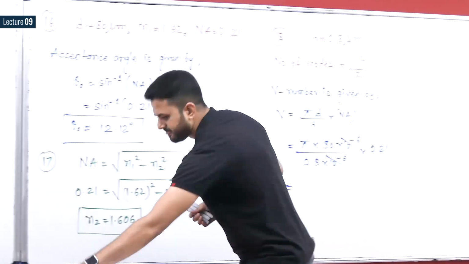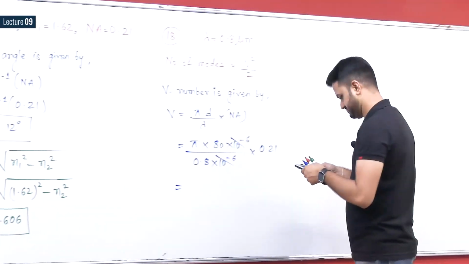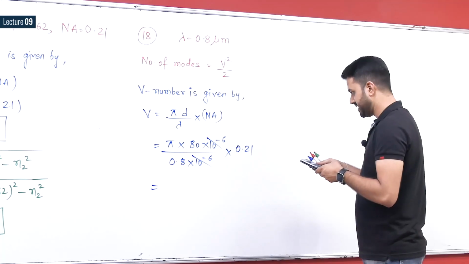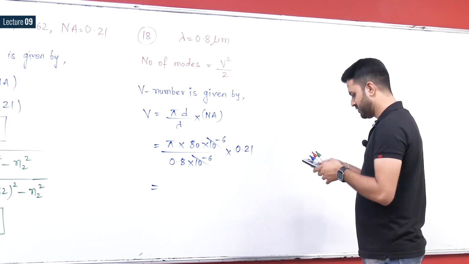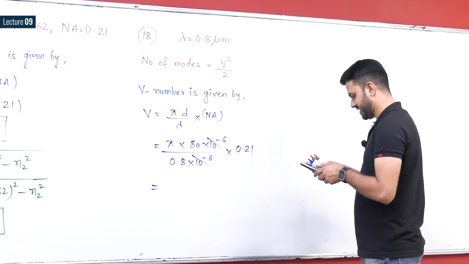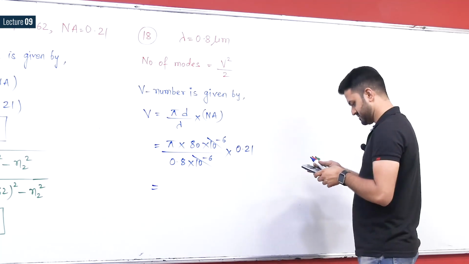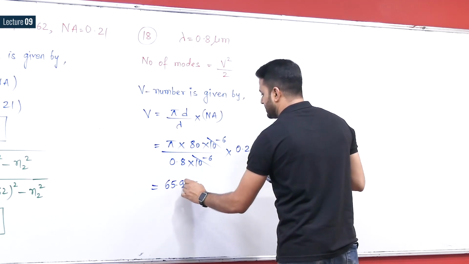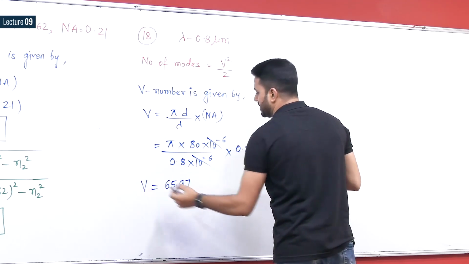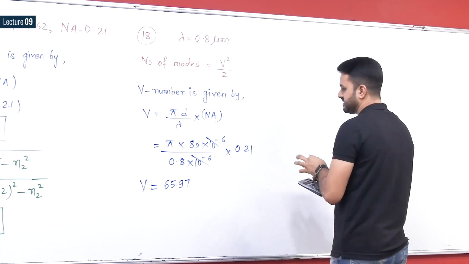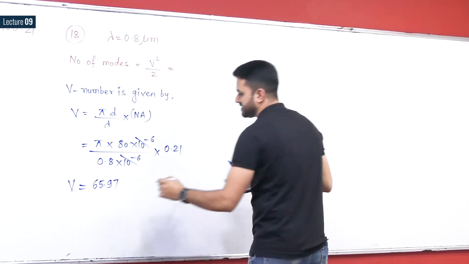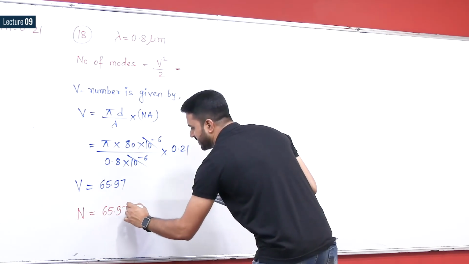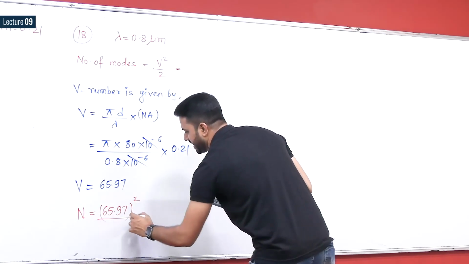So it is pi into 80 into 0.21 divided by 0.8, which is 65.97. This is the value of V number. Now the number of modes, denoted by n, is 65.97 whole square divided by 2.